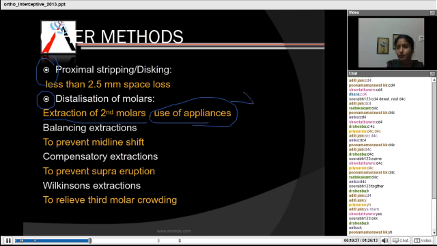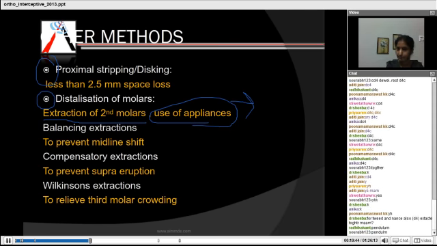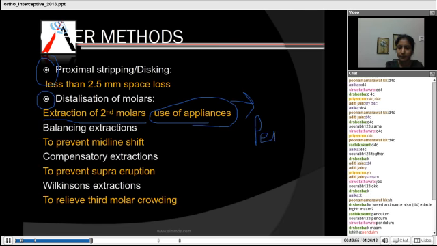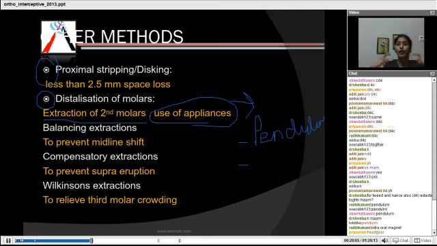What appliances can you use for distalization of molars? Note, for Tweed's and Nance, D and 4 are extracted separately. Yes, one is the pendulum appliance. Another, if you remember we had talked in space maintainers, there was one appliance which was used for rotating the molars distally.